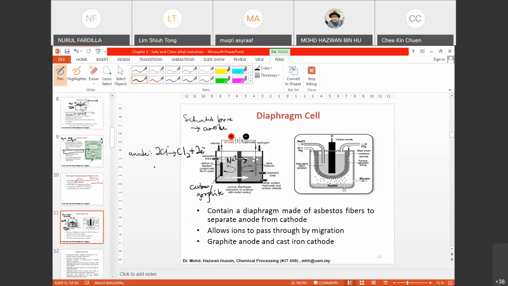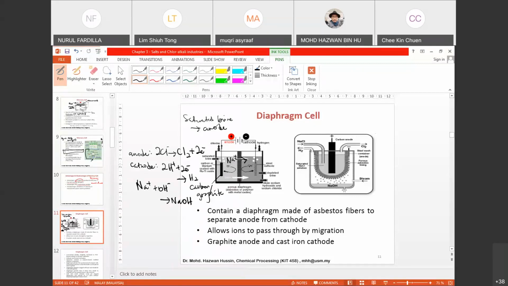So the reaction at the cathode is basically the formation of hydrogen gas and also the production of NaCl, sorry, NaOH.